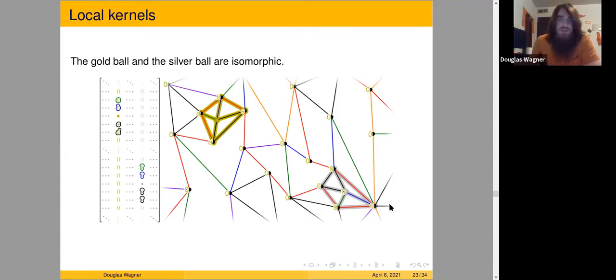They have these 3 red edges around the perimeter, a blue edge, and a green edge. So the silver vertex is going to have its own column within K, and we can go ahead and fill in 0 for everything not within the silver ball. But within that ball, within the band, it's actually going to be the same as within gold's ball.